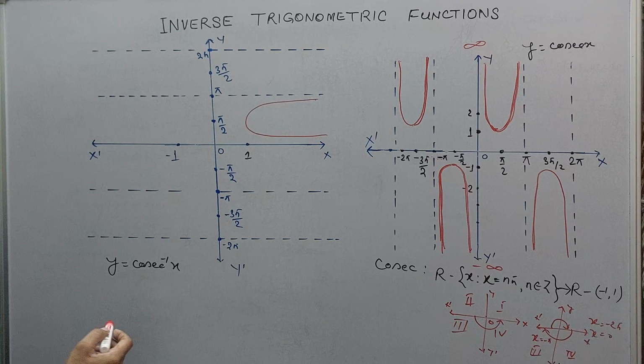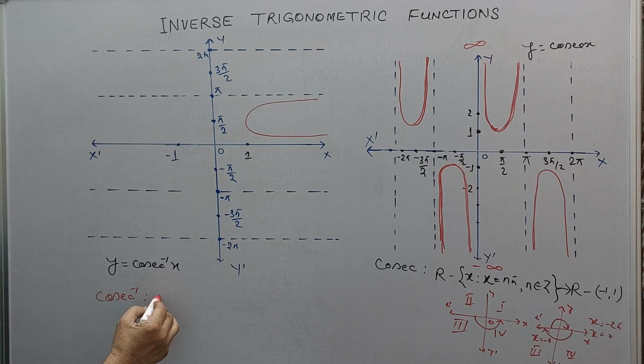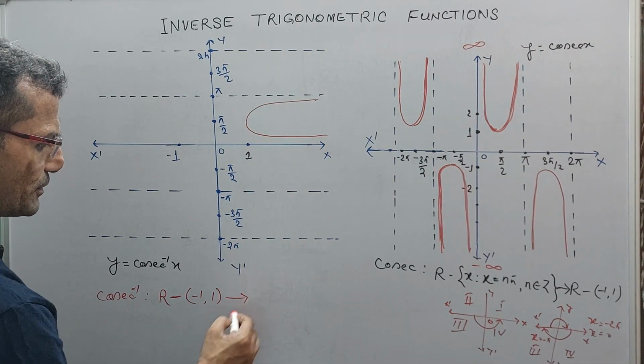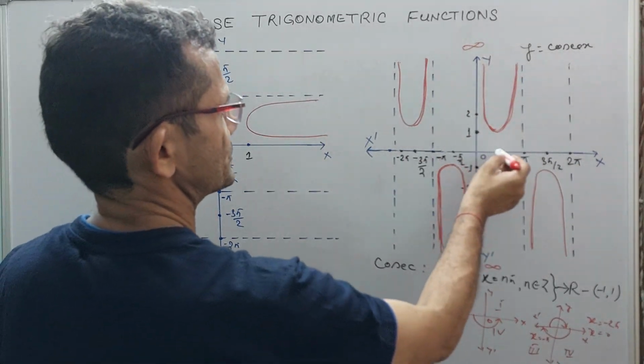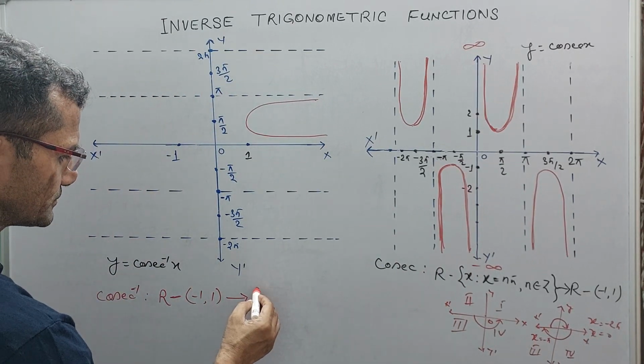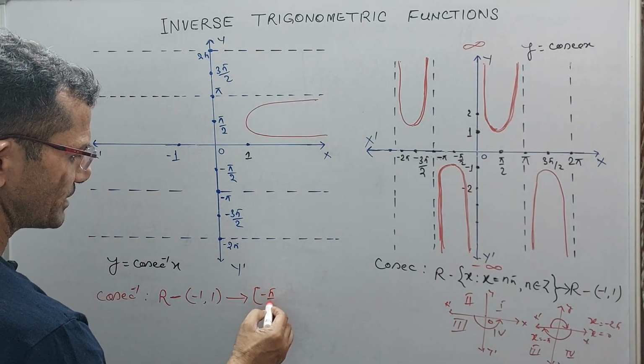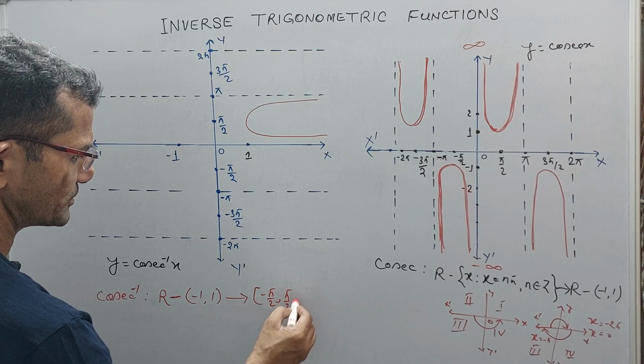Here our cosec inverse will define its domain, not range, its domain will be these intervals, which is the range of the cosec x, and the corresponding interval if I consider only minus pi by 2 to pi by 2.